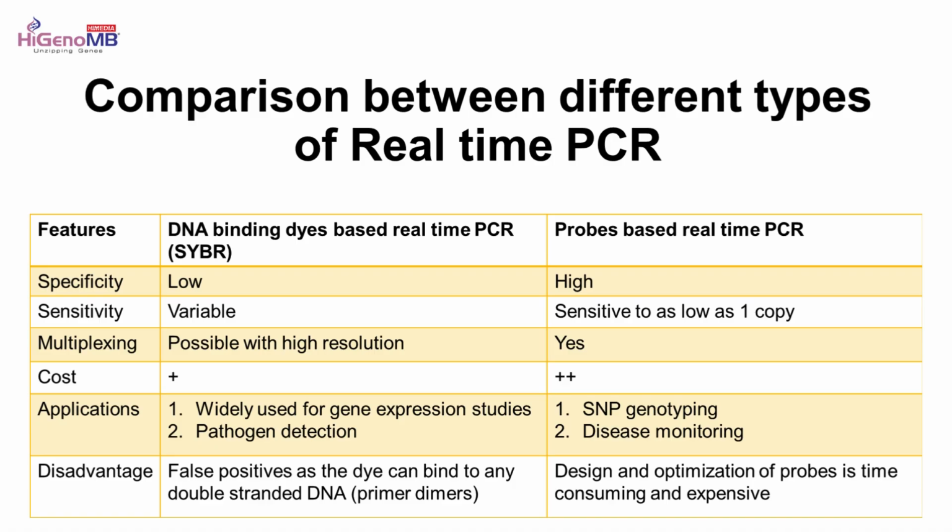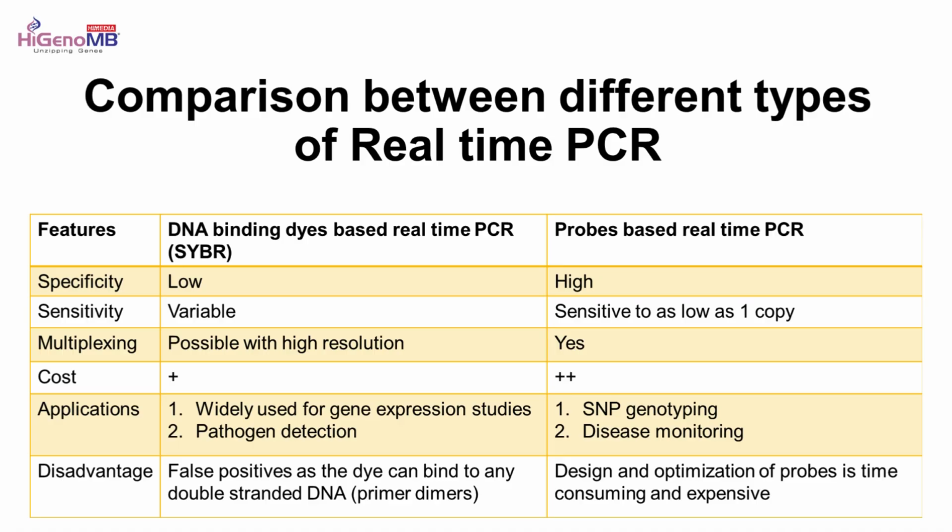So what are the applications of SYBR Green? It is used widely for gene expression studies. It can be used for pathogen detection. In probe based real-time PCR, when you are looking for low copy targets, then probe based PCR is your go-to technique. And what are the disadvantages of SYBR based real-time PCR?